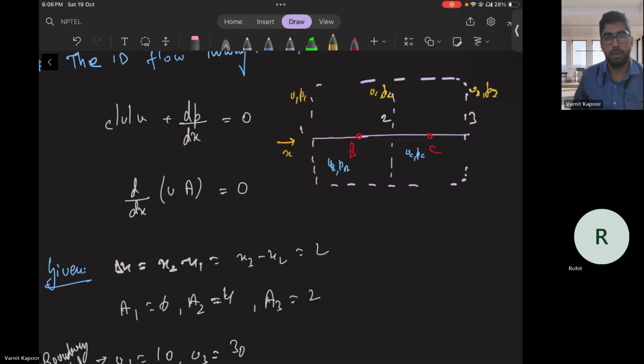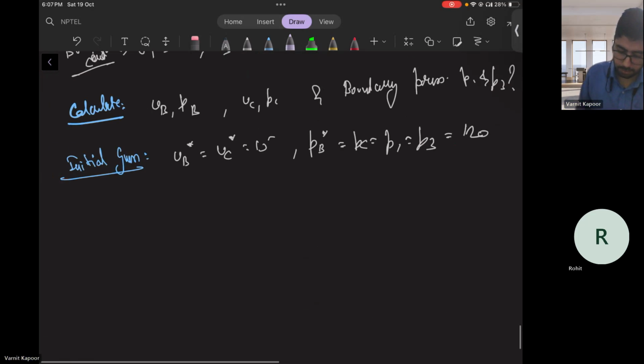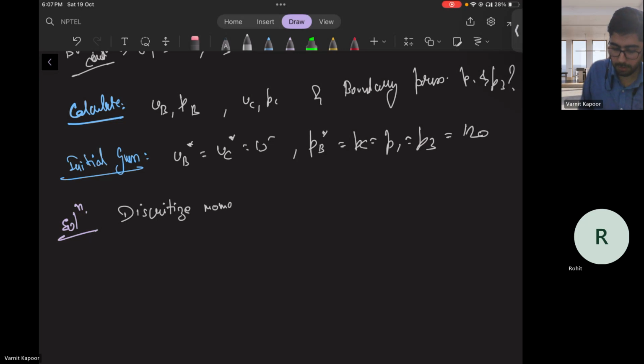We need to integrate from 1 to 2. And let me write the integration. Solution. Discretize momentum equation on cell B.